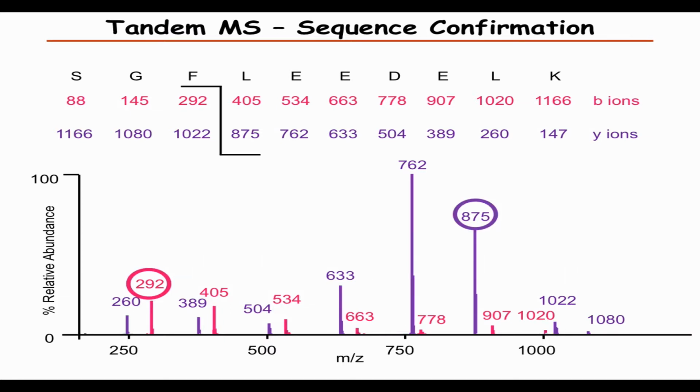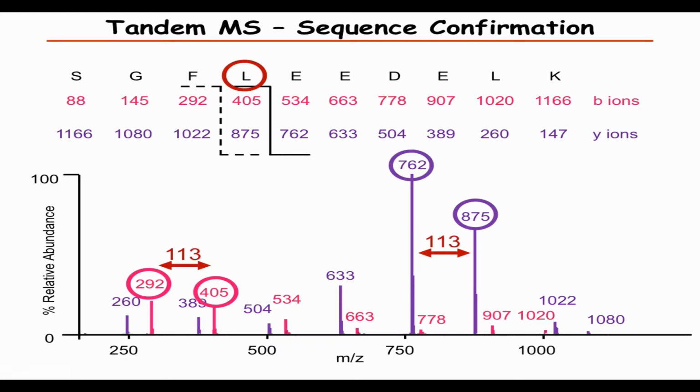But, so for example, if we look at this fragmentation between this leucine and this phenylalanine, we see that the B ion that corresponds to that is 292. And the Y ion that corresponds to that is 875. And then we can take another step.